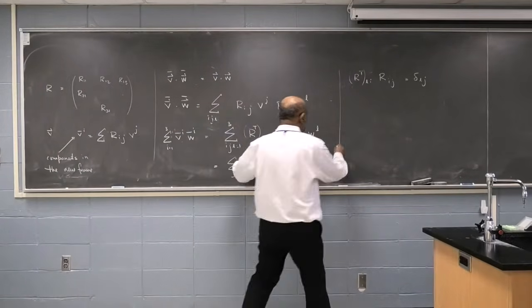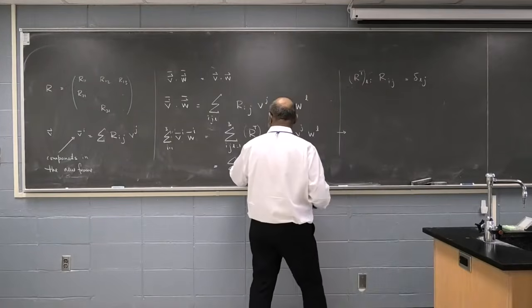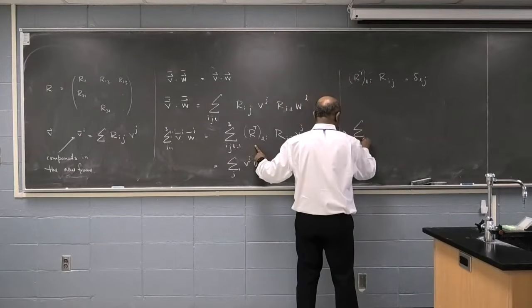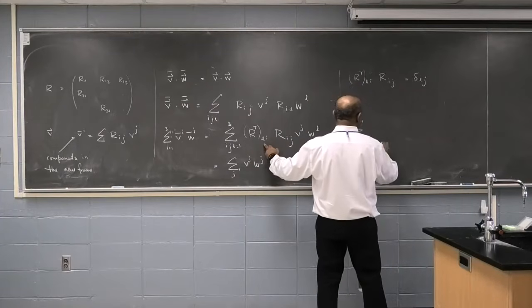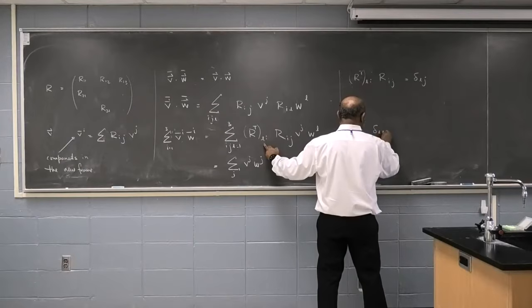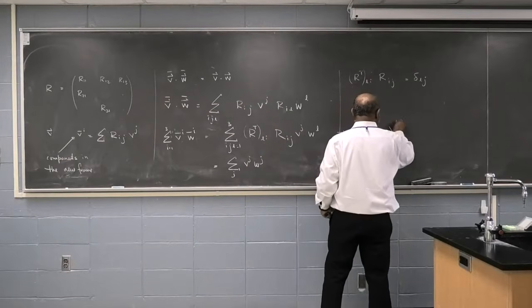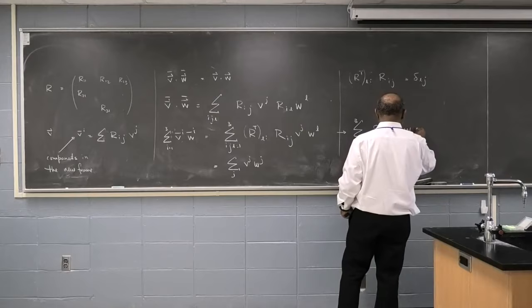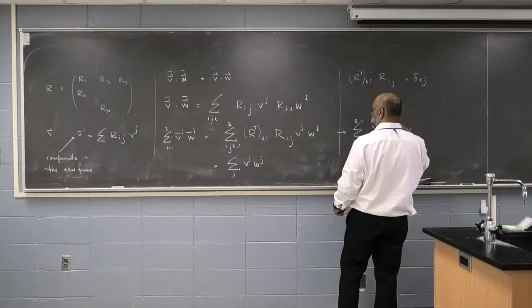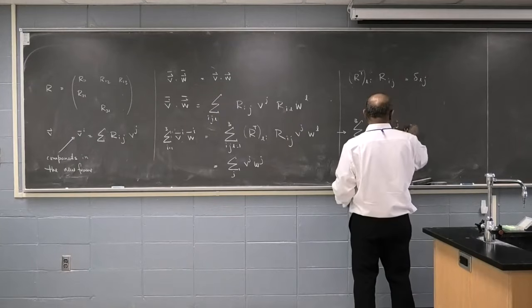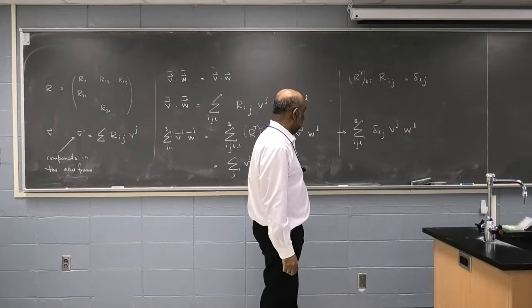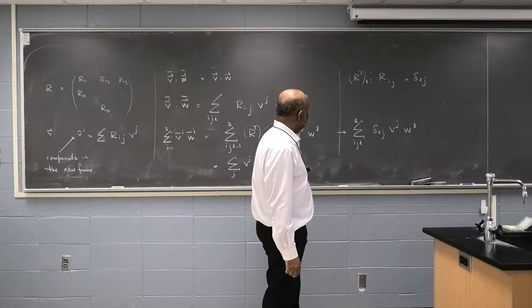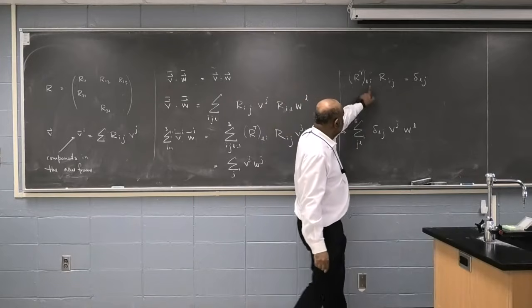Then this guy becomes what? Just the exact same thing as, well, let's see. I, J, L. Then I'm going to write this as delta L J, V J, W L. I has already been multiplied out.